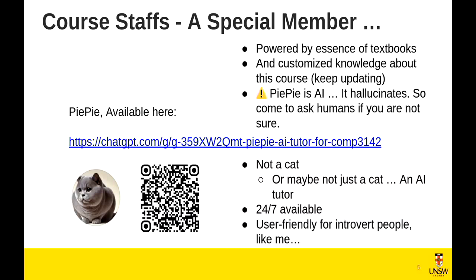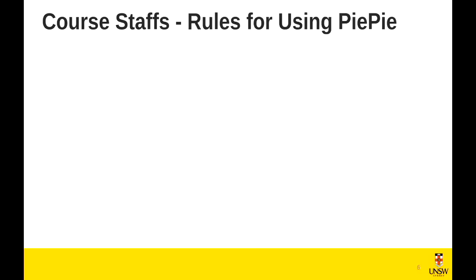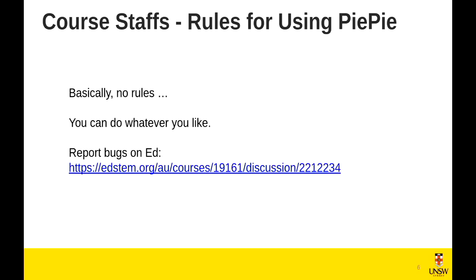So please come to ask humans if you are not sure. And here are the rules for using Pai. Basically no rules. You can do whatever you like, but if you encounter any bugs of Pai, you should report the bugs on this thread on our forum.